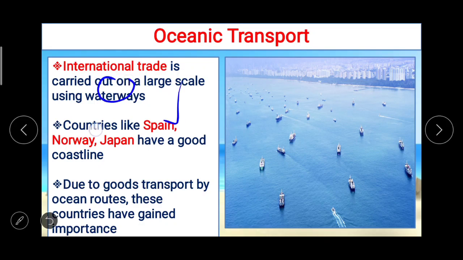Countries like Spain, Norway, Japan have a good coastline, and due to goods transport by ocean routes, these countries have gained importance.